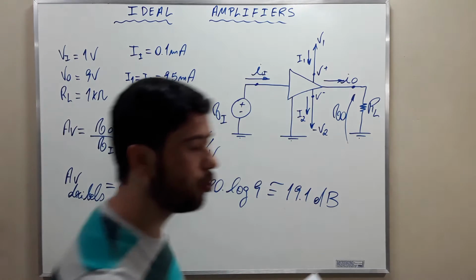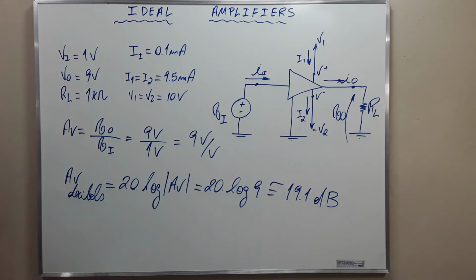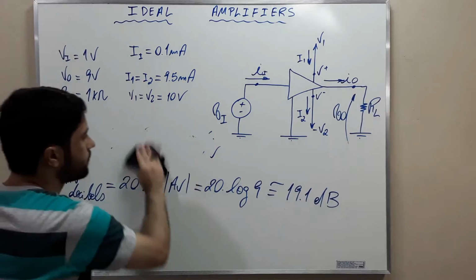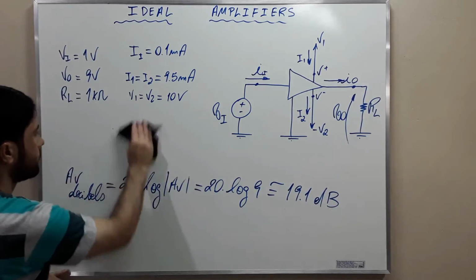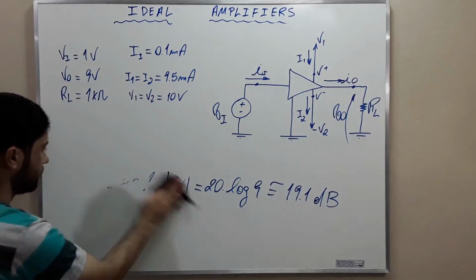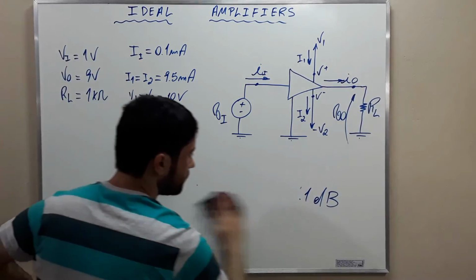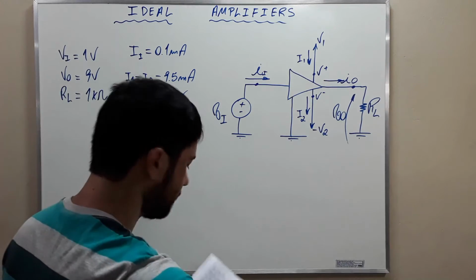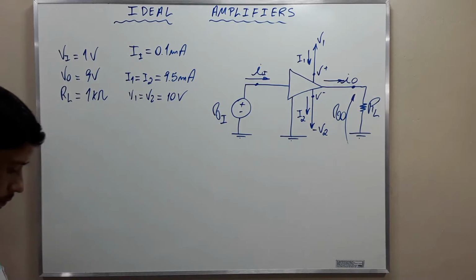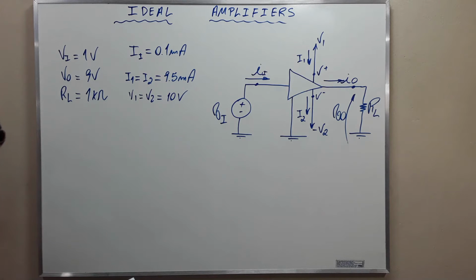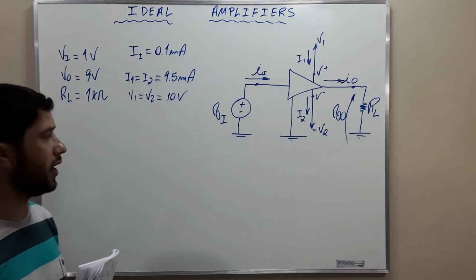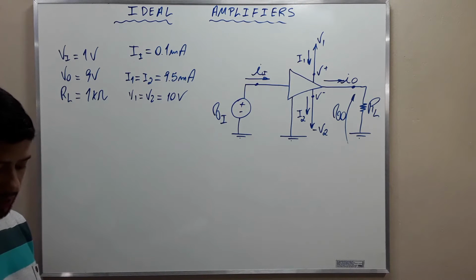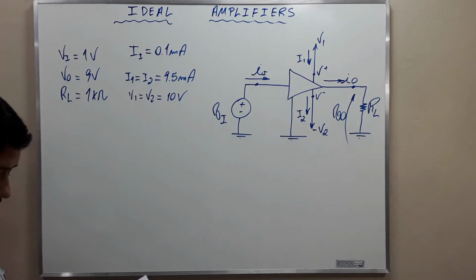Now let's calculate the current gain. To calculate the current gain, first of all, we need to calculate the output current.